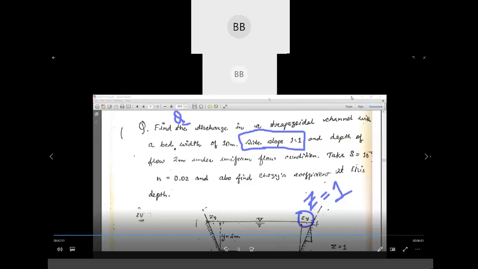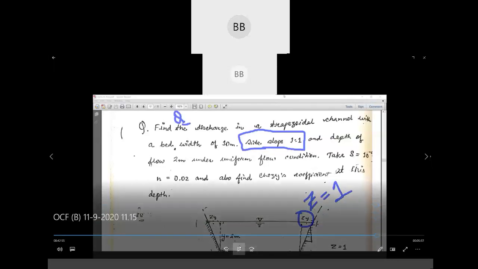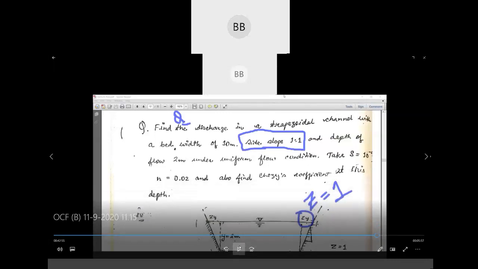Here also you need to find out the discharge of a trapezoidal channel.